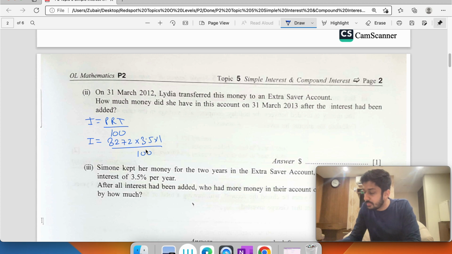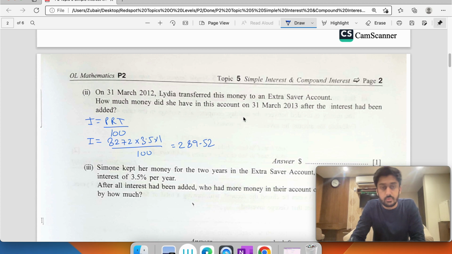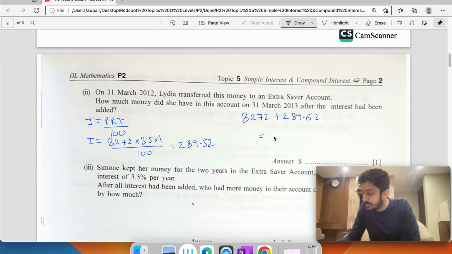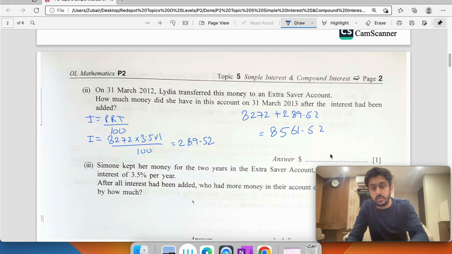Principal times 3.5 divided by 100, 289.52. So 8272 plus 289.52 sums up to 8561.52.